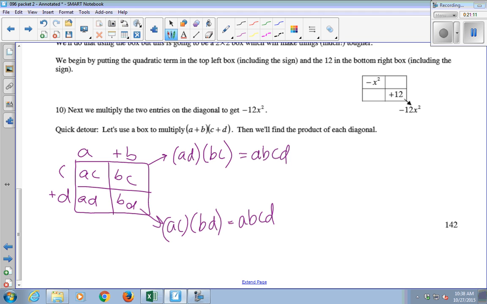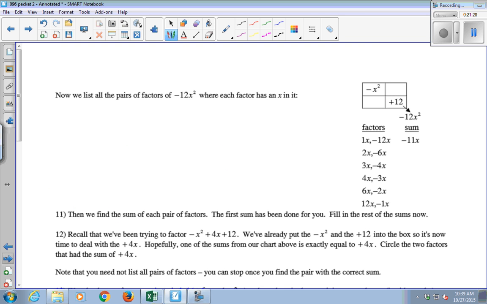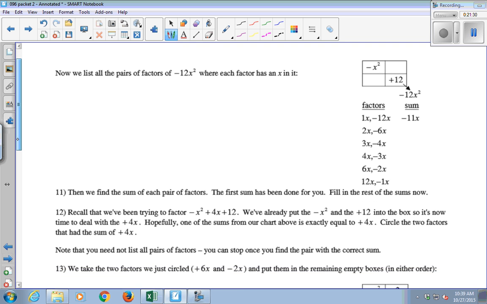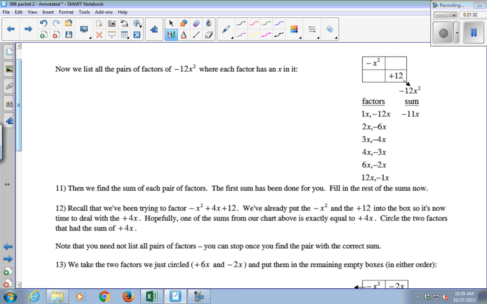Okay. So I'm going to use this tricky little fact, right? Go back to my problem up here. I know that when I multiply this diagonal, I get negative 12x squared. That means that when I multiply these blanks, that I don't know what they are yet, what should I get? Negative 12x squared, right? So that's going to be a handy little trick I use to figure it out, okay? So I'm going to list all the things I could multiply together to make negative 12x squared, where each factor has an x in it.